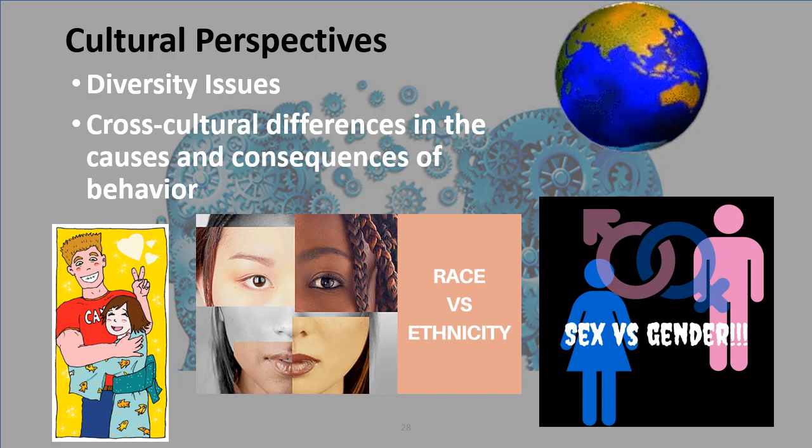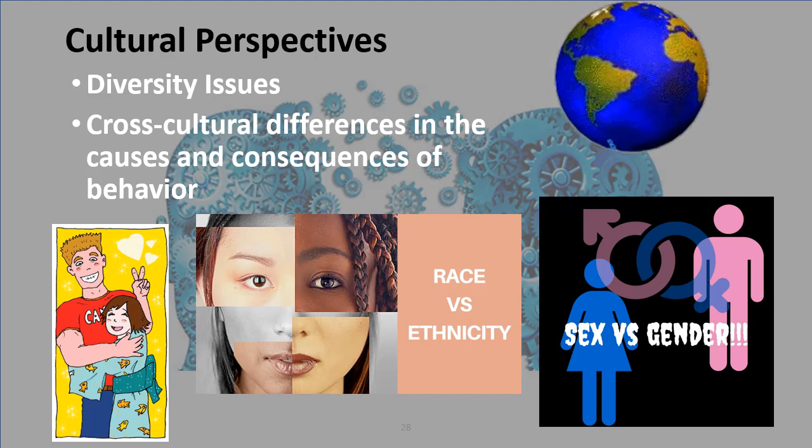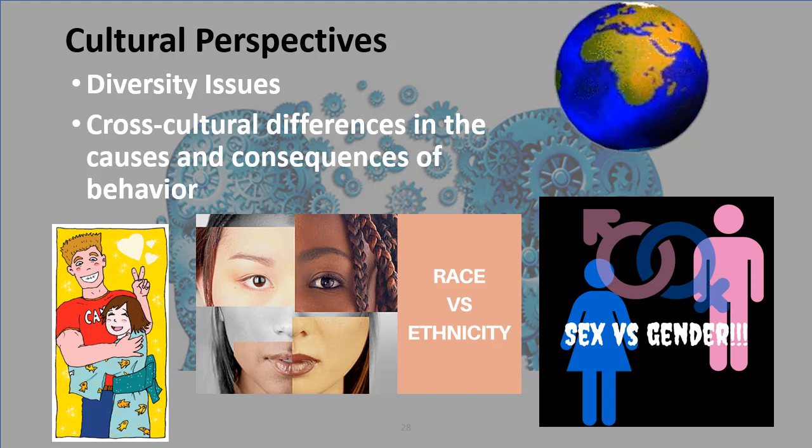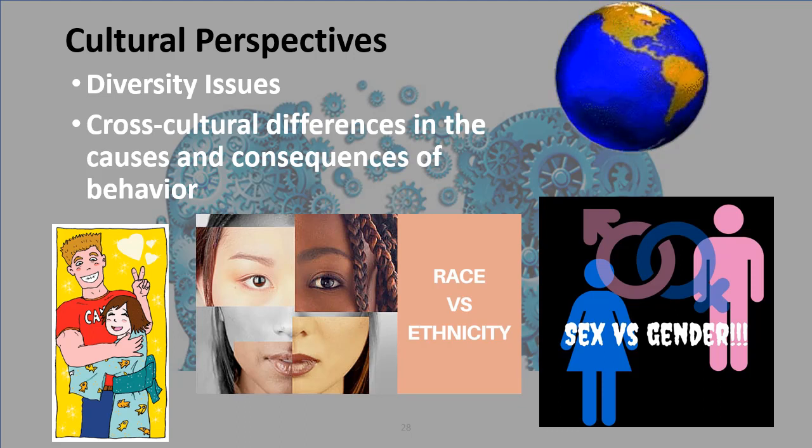That gets into social psychology and how people are profiled or thought about because of their race or their ethnicity. There is a difference between race and ethnicity, although some people are now saying that race is totally a psychological concept and does not have any basis in fact. It's just a matter of skin color.